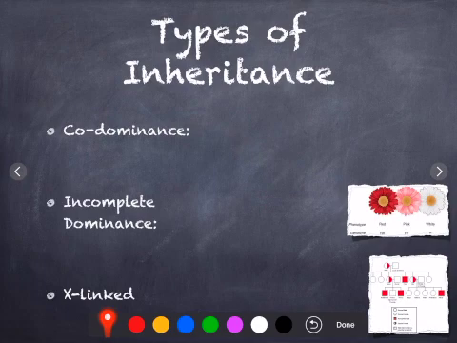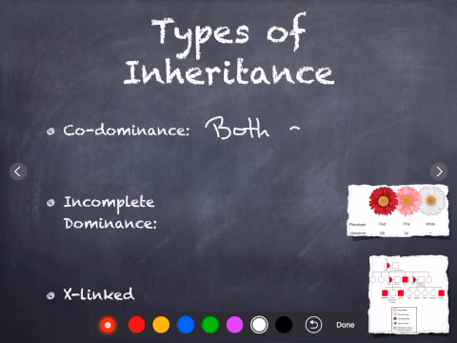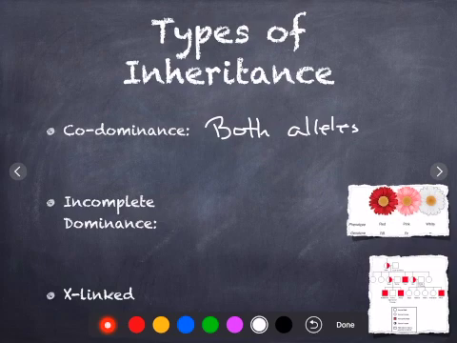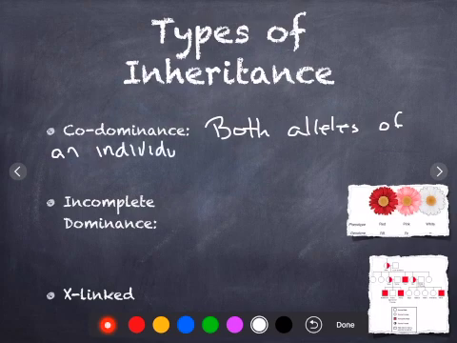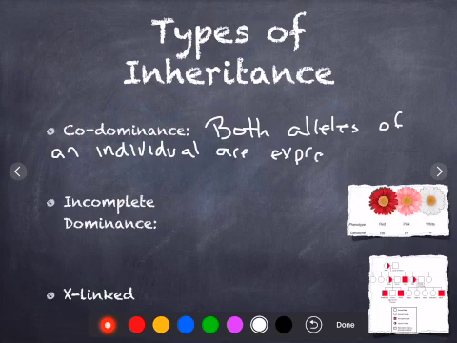Now, codominance. Codominance is when both alleles of an individual are expressed. So, for example, I just used a four o'clock flower.